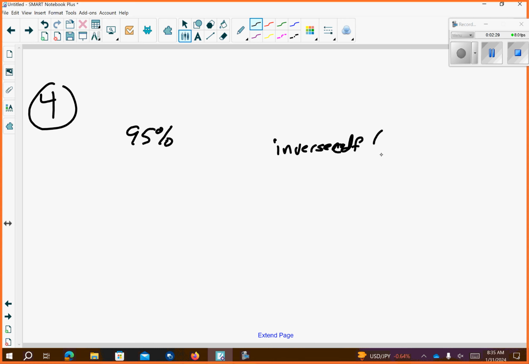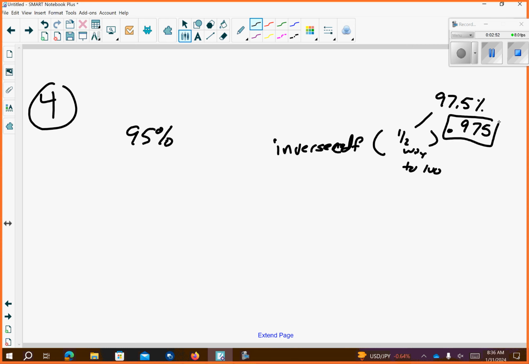And this is where it becomes halfway to 100. So it's like 95, so it's 97. Yeah, very good. So I'm going to plug in here the 97.5% or a 0.975. Okay?